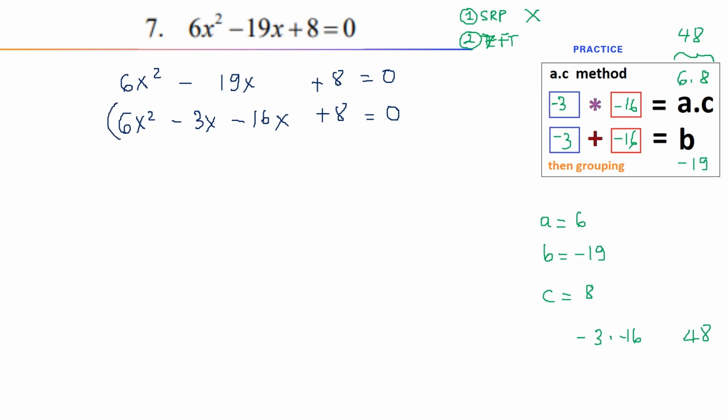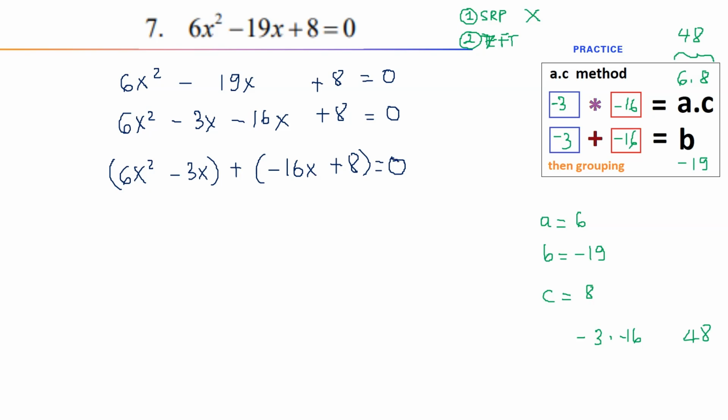Now group the first two and the last two. Minus 3x, that's my first group. The second group is minus 16x plus 8, equals 0.